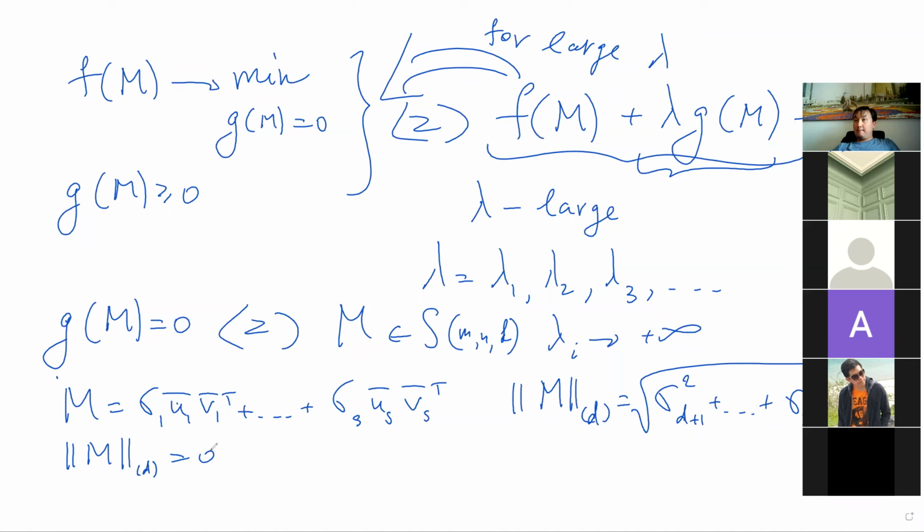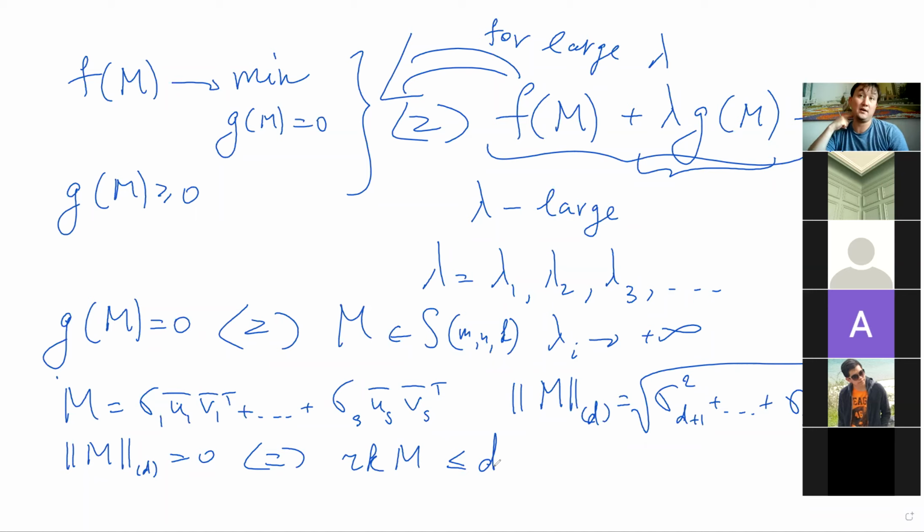All singular values starting from d plus 1 are 0. Not just sum up to 0, but they should be equal to 0, because this is the sum of squares, right? And what does this mean? That the rank is not greater than d, exactly. So this is equal to 0 if and only if the rank of M is not greater than d.